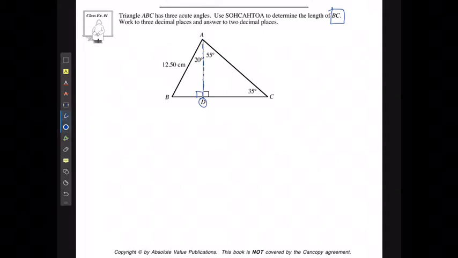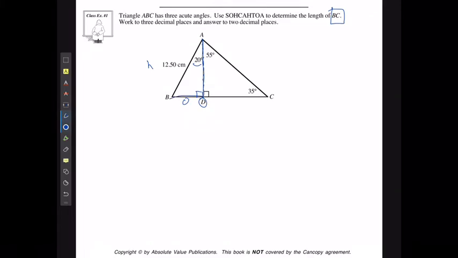With this information, knowing what this angle is and what this hypotenuse side length is, I can solve for what the opposite side length is, just of this right triangle here.